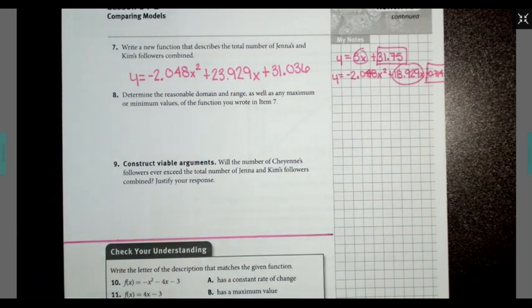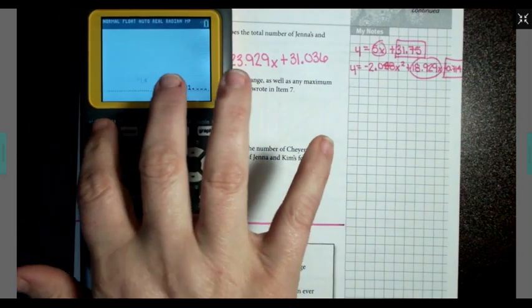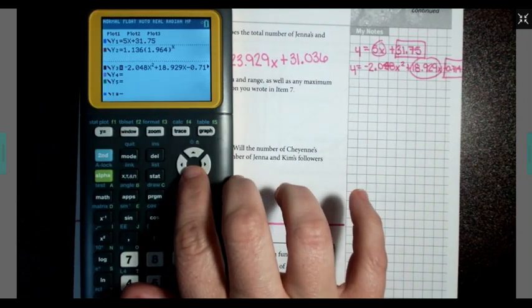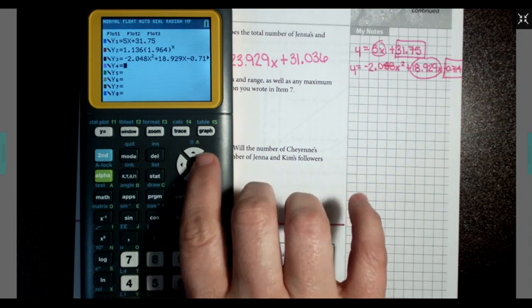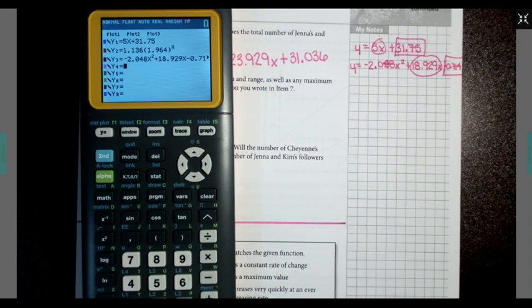It says, determine the reasonable domain and range, as well as any maximum or minimum values of the function you wrote in item 7. Well, I want to look at it on the graph. And I actually still have everything saved in from yesterday. So we're going to go ahead and just combine these two.